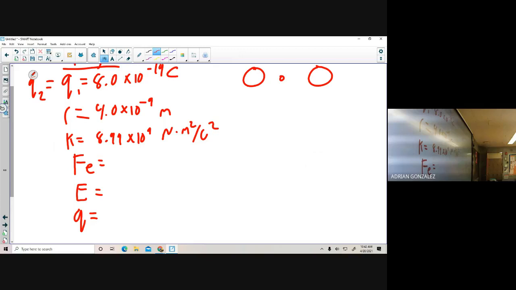Which is what? What's the test particle Q? 1.6 times 10 to the negative 19. Units? Coulombs. Does everybody understand that? This is where mistakes happen. You have to pay attention.